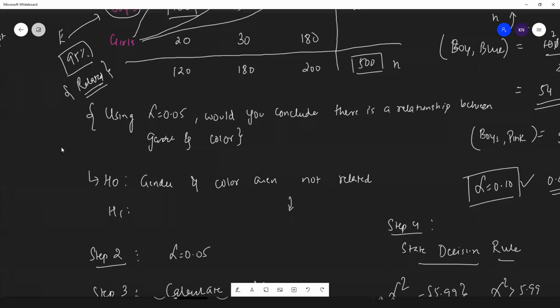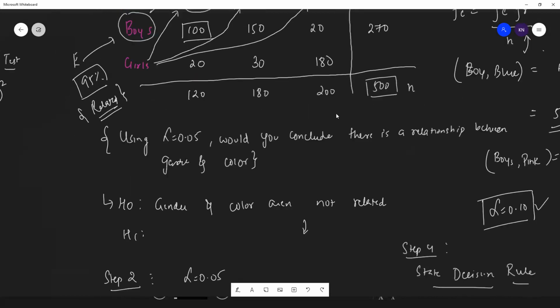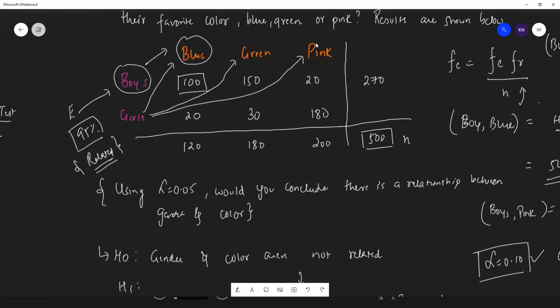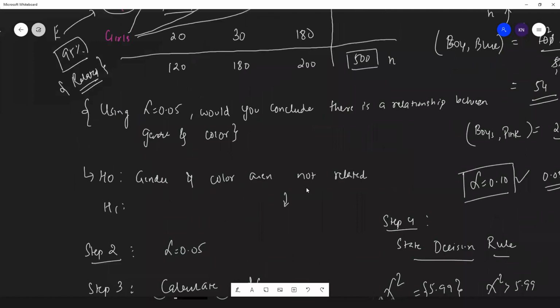If that value is greater than that particular value, this will get rejected. Now, when this entire data will get rejected, what is this data all about? To find out whether there is a relationship between gender and color or not. So that is the reason why I've taken the null hypothesis as gender and color are not related.